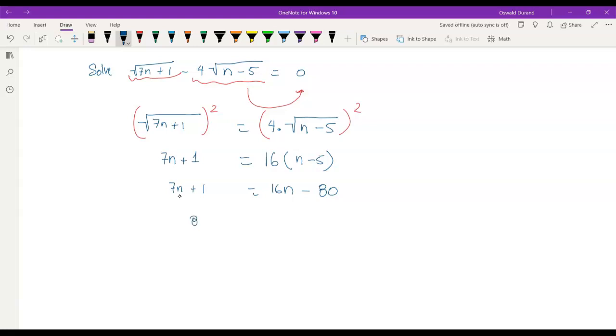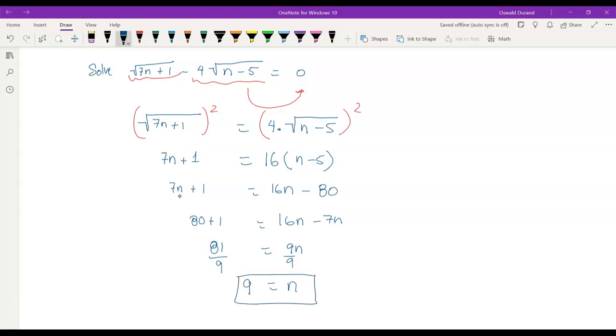So I'm going to have 80 plus 1, and then here's 16n minus 7n, right? This is going to be 81 on the left side, and this is 9n on the right side. If I solve for n, divide by 9 on both sides, and I get n is equal to 9.